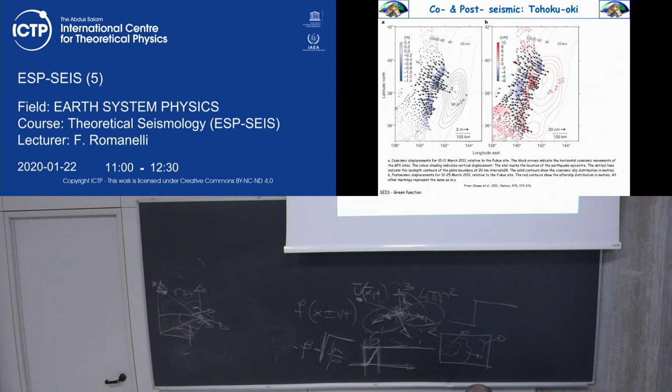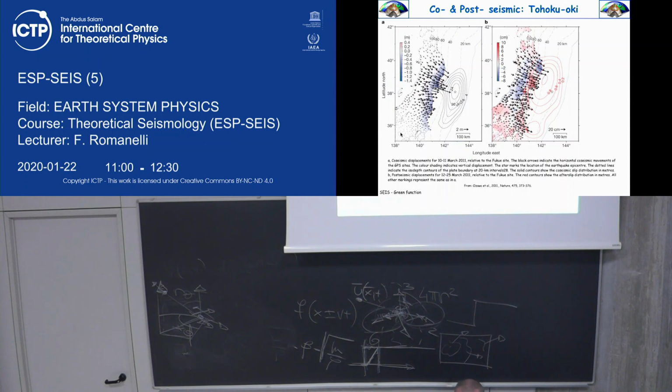And if you want to see in reality, there it is. So those arrows there are called, as you can see here, co-seismic displacement, horizontal and vertical. You see how fast they decay here. They're zero there.